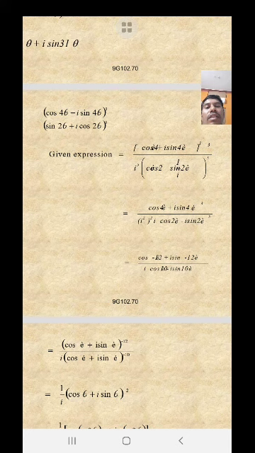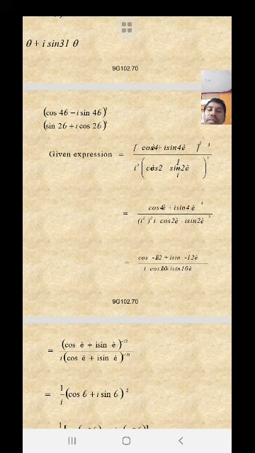In the bracket we write cos 2θ, and for the sin 2θ term, since i was already taken common, we write (1/i) sin 2θ. Next, 1/i can be written as −i, so we get cos 2θ − i sin 2θ, whole power 5.